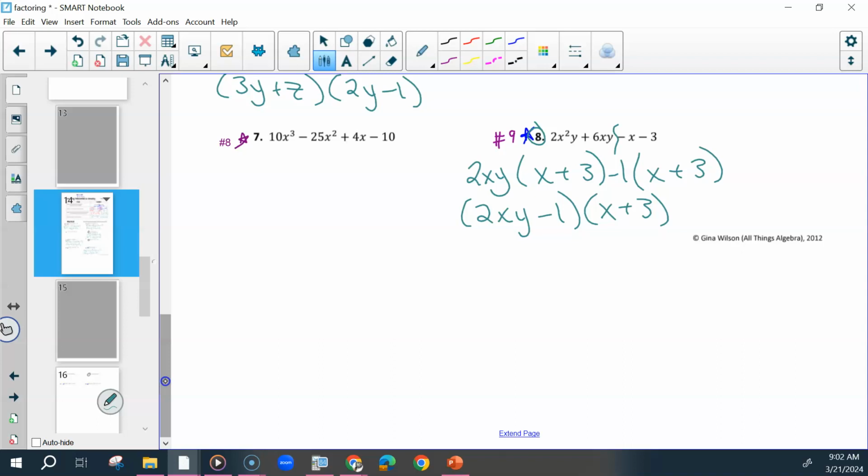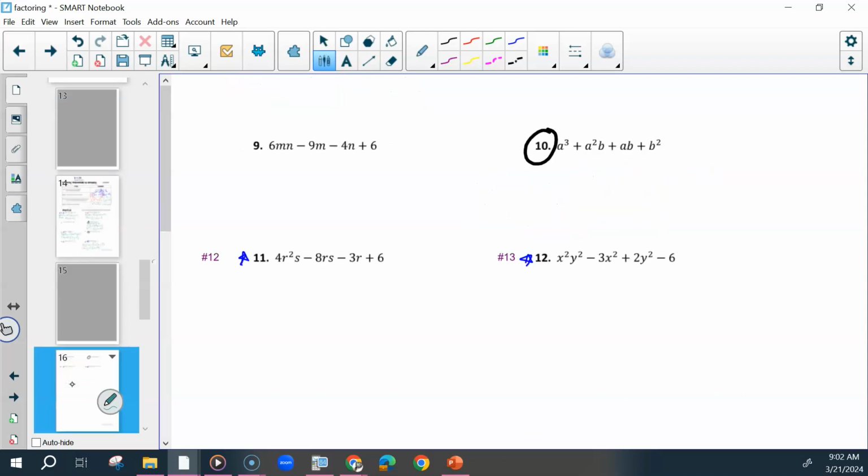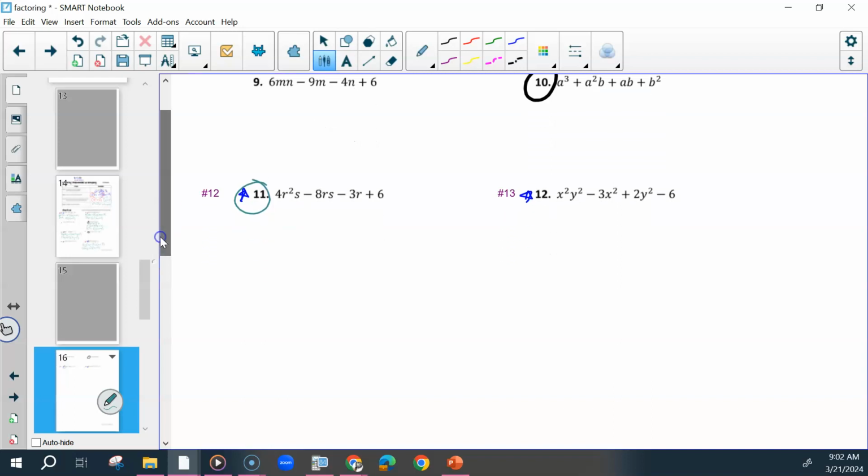Any of those you want me to go over or have questions about? 11. Okay, we'll do 11, and then there's one I want to make up and one I want to show you. With 11, if we split that down the middle, what would we divide out of the first two? 4rs.